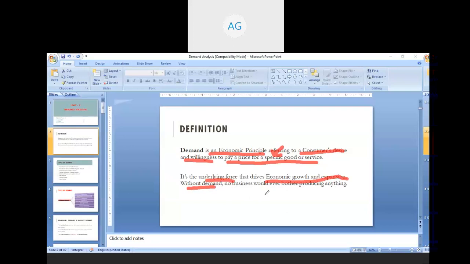So demand is very important in the context of economic growth. Whatever items are demanded more, the supply of those things will be more, and they will be more in the market. So this is the definition of demand. Moving to the next slide.